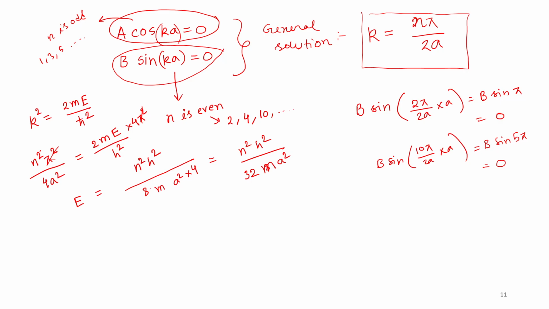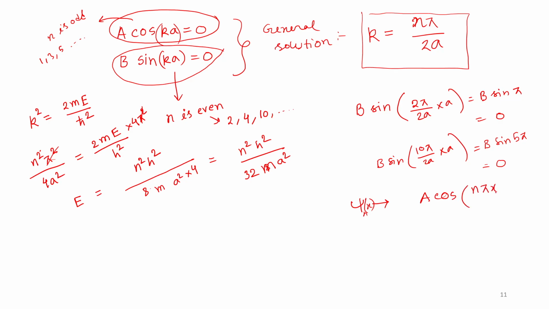But before that, let me give you the answers. Psi n of x is a cos n pi x by 2a, which is what we got, right?